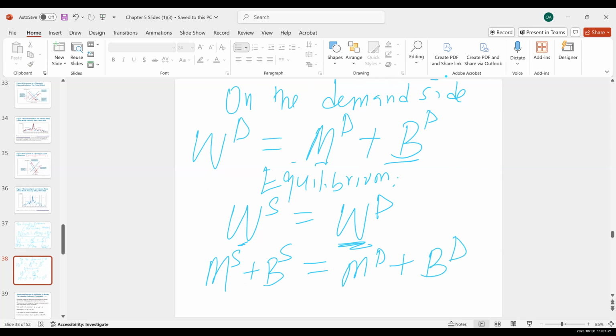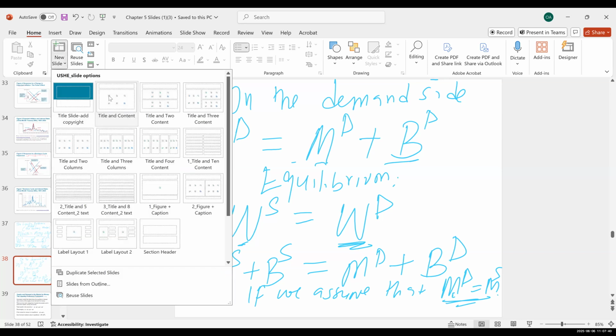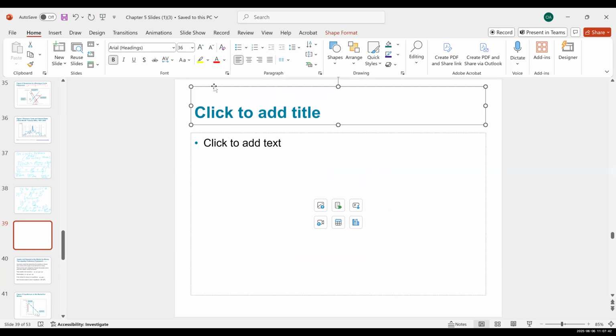So now, if we assume that the money market is in equilibrium, that MD equals MS. The money market is in equilibrium when the demand for dollars in the economy equals the supply of dollars. Then according to Keynes, anytime one of those two markets is in equilibrium, the other market will automatically be in equilibrium.